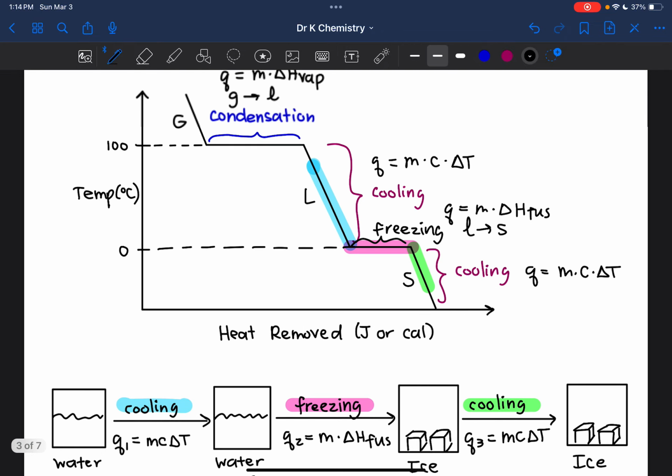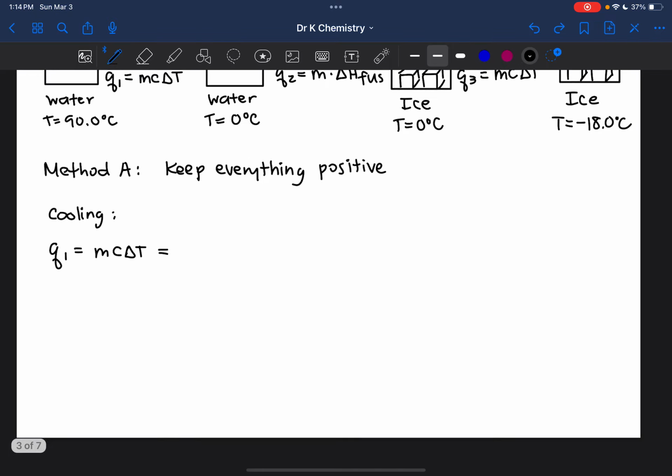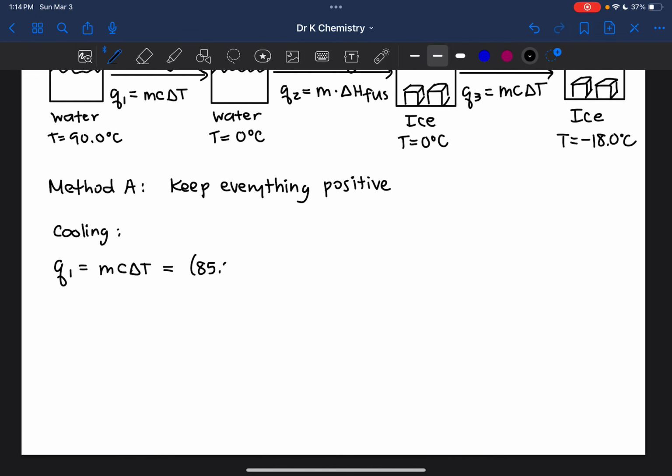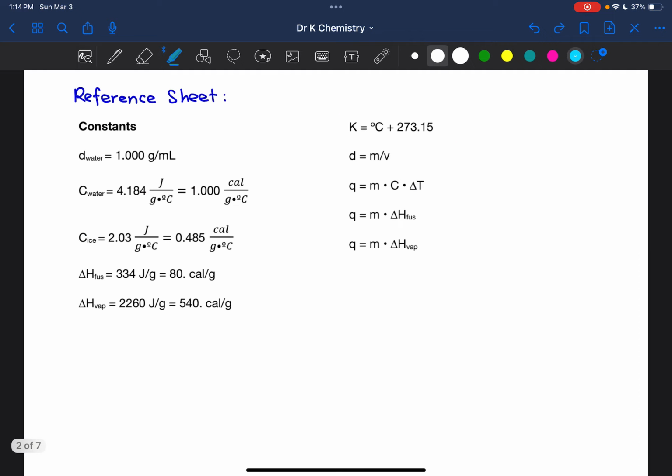and the mass was given to us in the problem. That was 85 grams. So I'm going to plug that in. And then I need the specific heat value. And notice here, we started with water, we ended with water. All we did was cool that down, which means here we want the specific heat of water, not the specific heat of ice. So I'm going to plug that in.